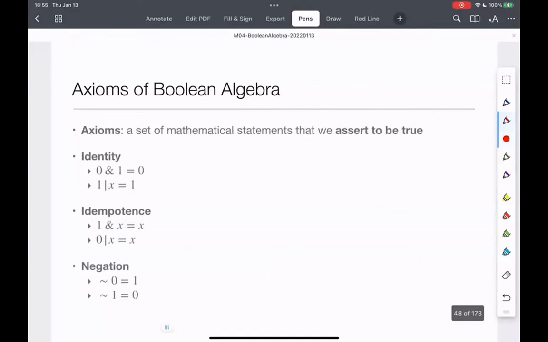Okay, so what are the axioms of Boolean algebra? There are these 6 axioms. Remember, there are 2 values, 0 and 1, right? Or whatever, apple and orange.